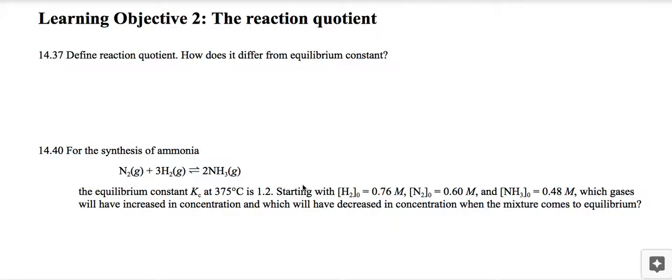All right, I'm back. So we have the reaction quotient. The reaction quotient is symbolized as the letter Q, and it's Qc. This gets compared to the equilibrium constant, and so that's how it's different.